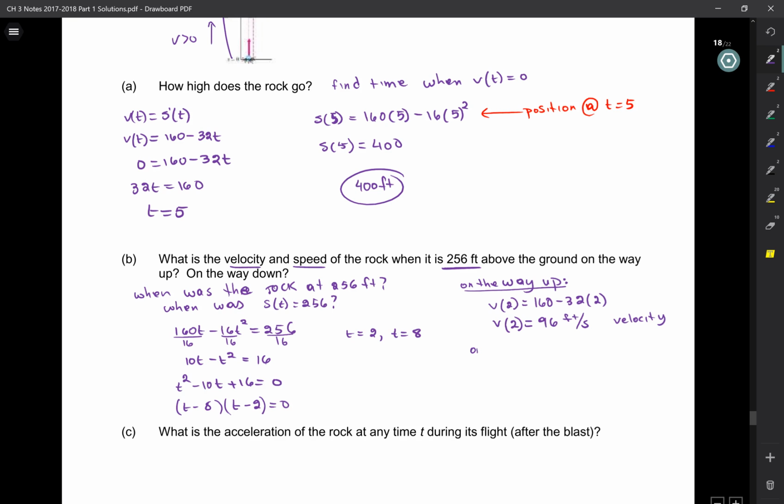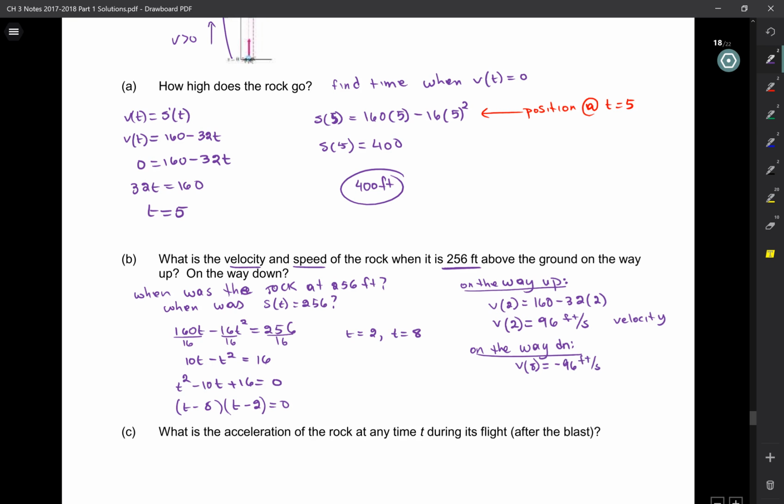Okay, on the way down, it's v of 8, and I'm just going to give you the answer. What do you think? Well, I'll let you guys do it. Negative 96 feet per second.